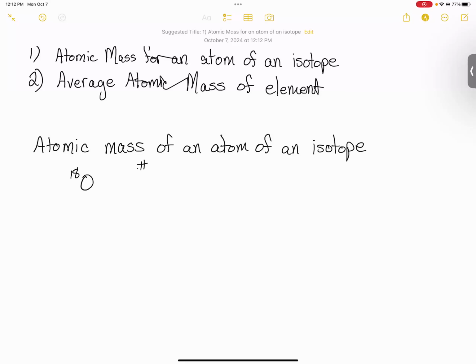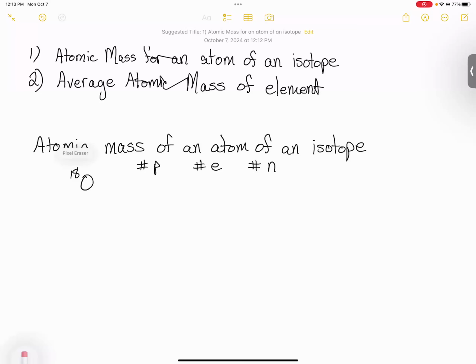From Friday's information, if I asked you to give me the number of protons, electrons, and neutrons, what would be your answer? 18, yes.